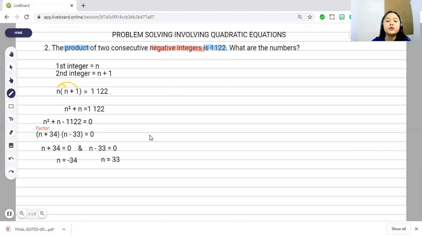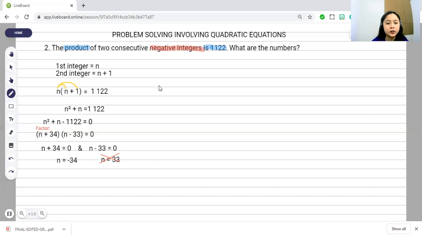So your solution must be a negative number. That is why positive 33 should not be considered as a solution of this problem, because positive is not a choice for our answer. Therefore, we'll just focus on n equals negative 34.